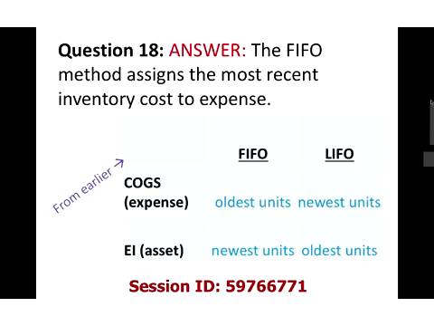When you're talking about FIFO, you're talking about this column. Most recent means newest. Expense, you'd have to look down here at expense. So you're saying, is this true or false? Are those going to be the newest expenses, newest units in expense?